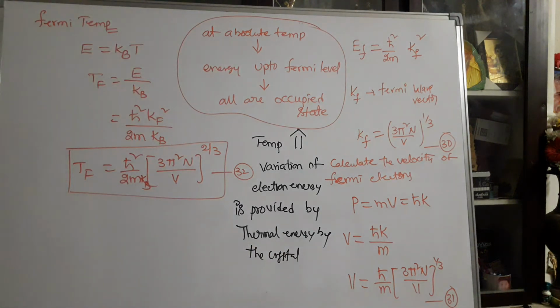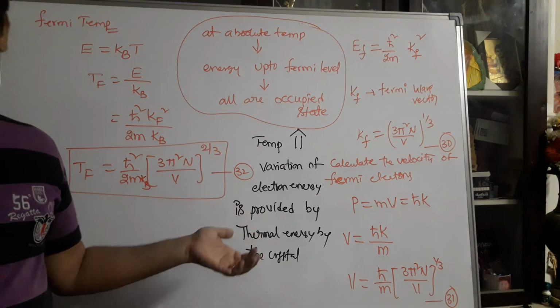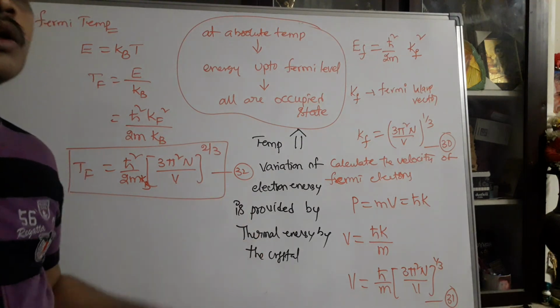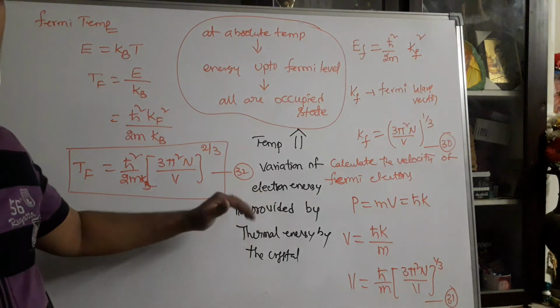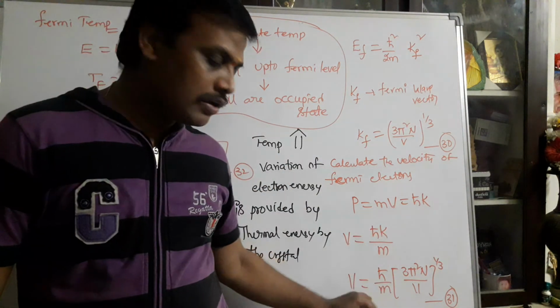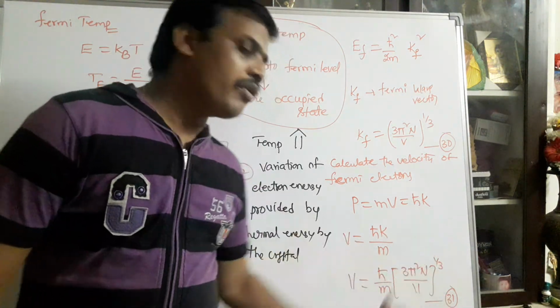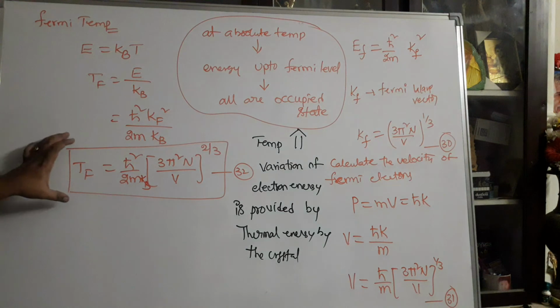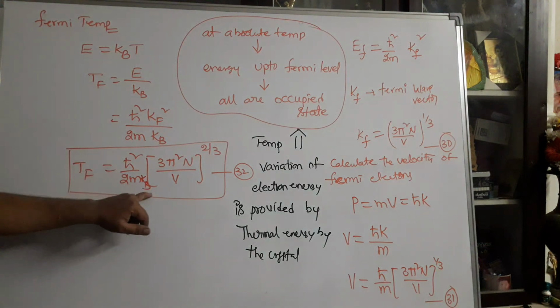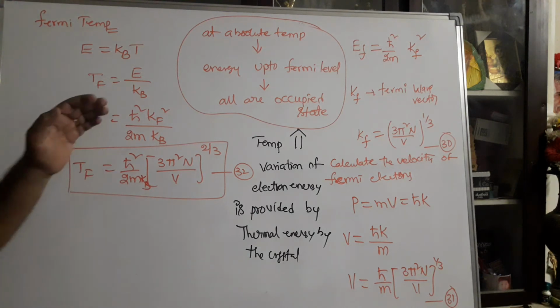You can increase the temperature, and the energy is absorbed from the thermal energy of the crystal. On that thermal energy, the electrons can be moved. Now the velocity can be taken as ħ/m into (3π²n/V)^(1/3), and that particular temperature is ħ²/2m k_B into (3π²n/V)^(2/3). The variation is very, very small.